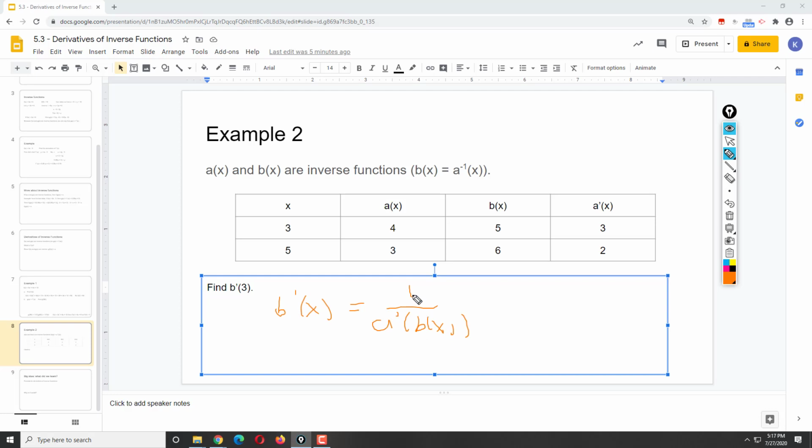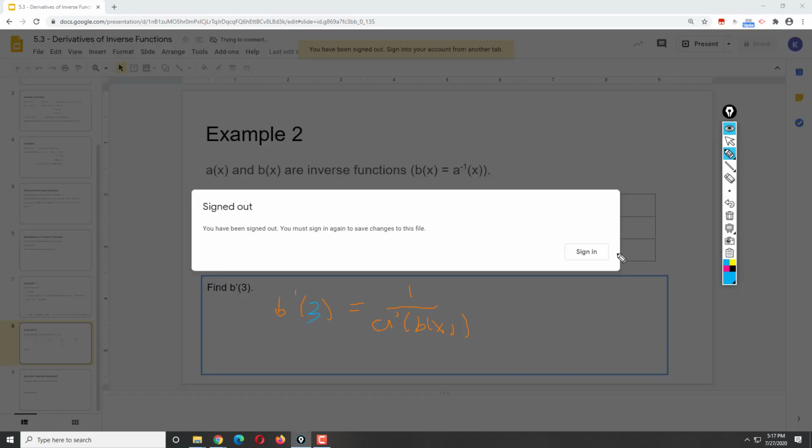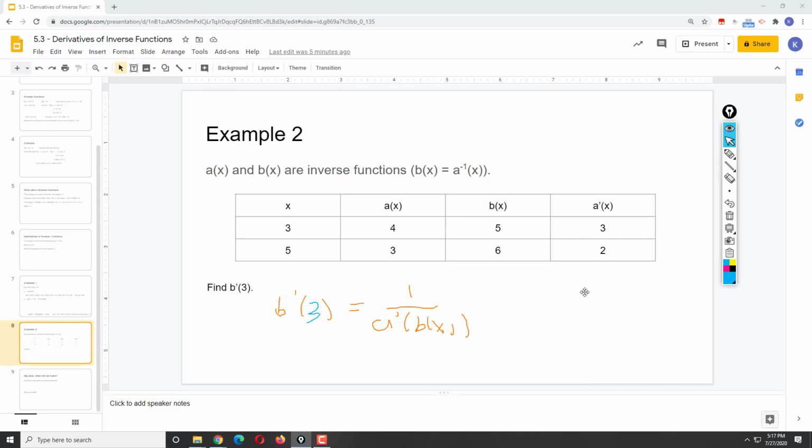We know that. That's just the derivative of inverses, since a and b are inverse functions. We want b prime of 3, so x equals 3. So I erase this and write 3.